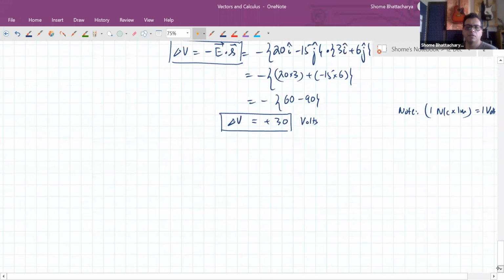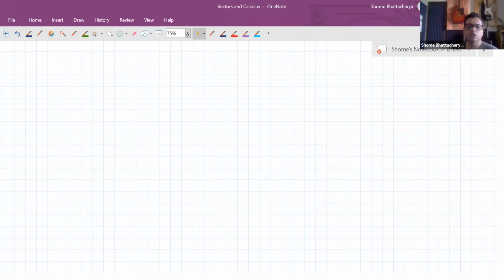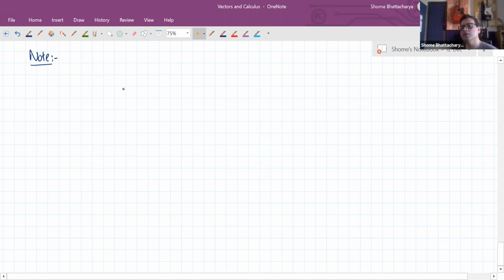Okay. Now, one more thing we should understand before we move on to the next topic is that scalar product or dot product can give us a very useful method to calculate the angle between two vectors given in component form. Okay.